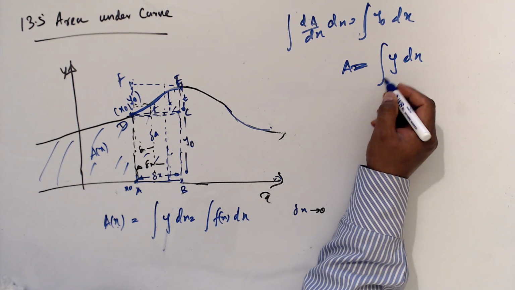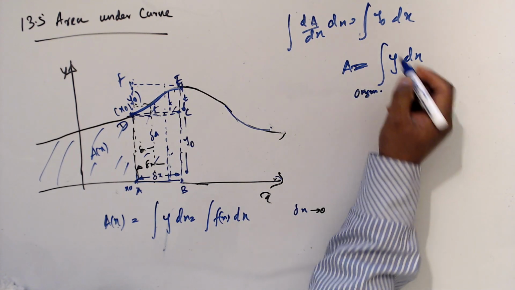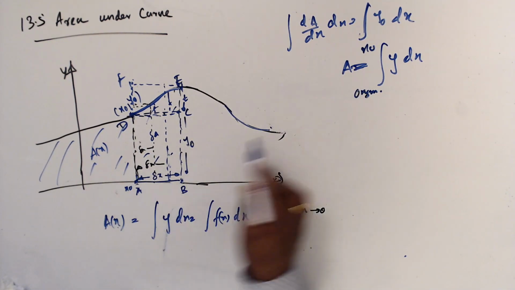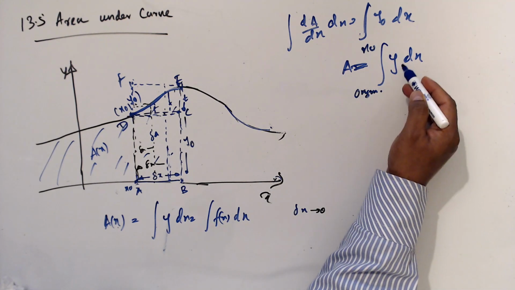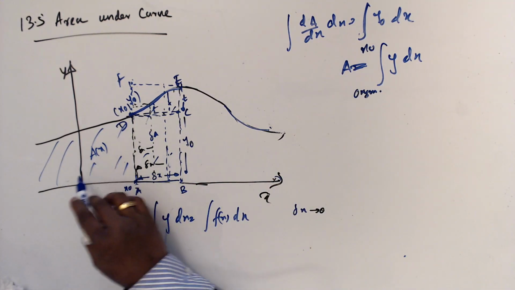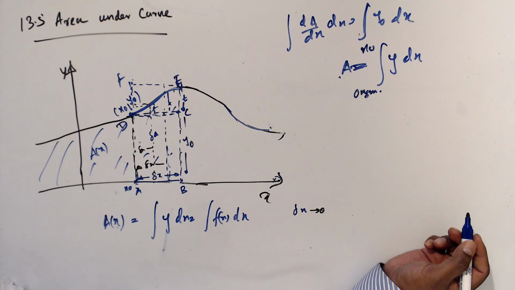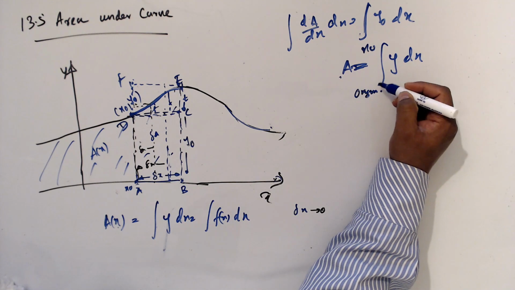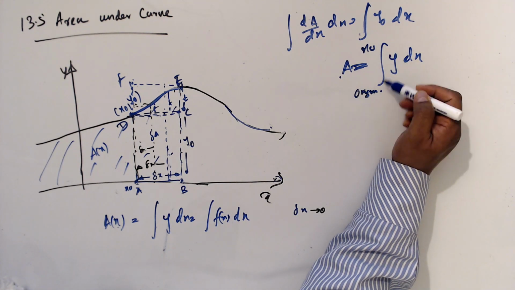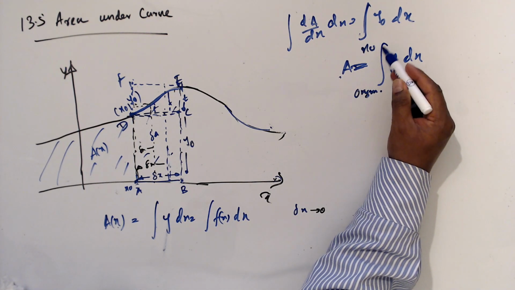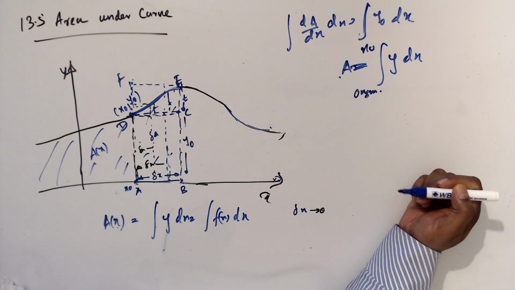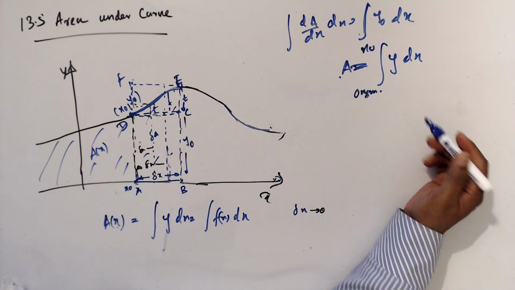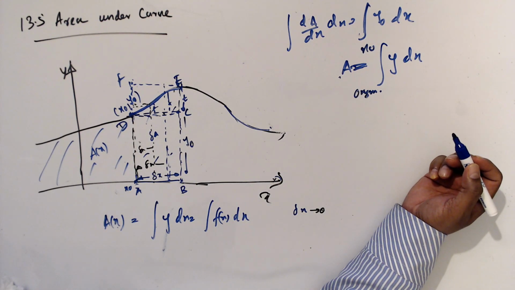This means that from the origin up to x naught, when you integrate, this area, you will get A. Or in the simple version, when you evaluate this area, when you substitute this limit, then you can get the area.